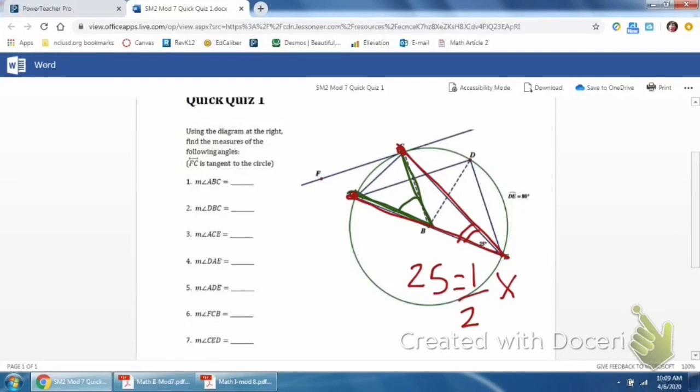So if 25 is half of the one we're looking for, then the one we're looking for would be 50. That's how all of this will work.